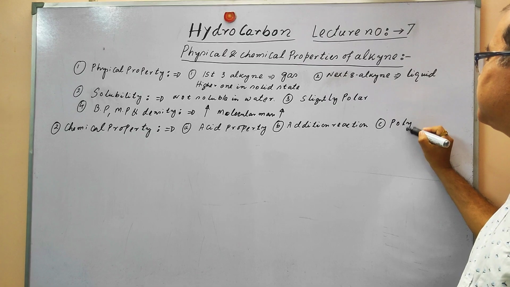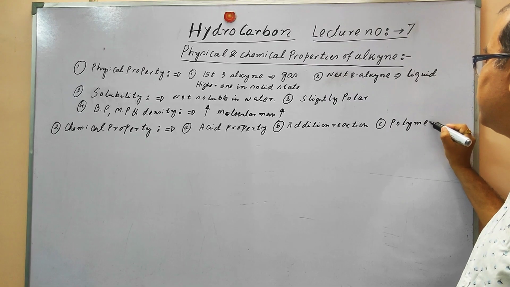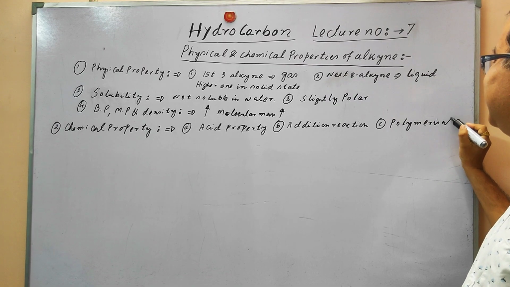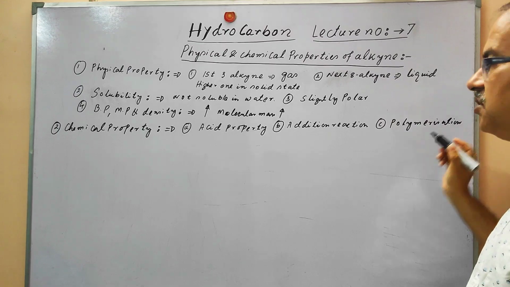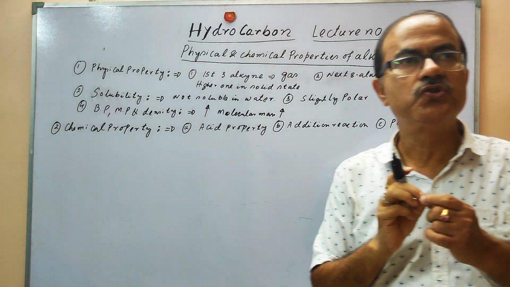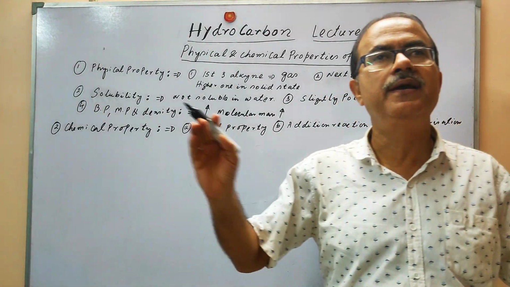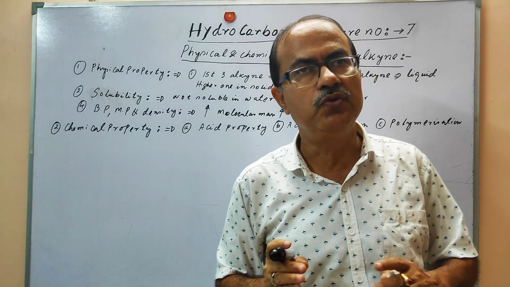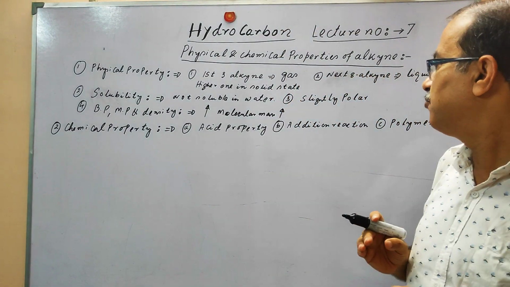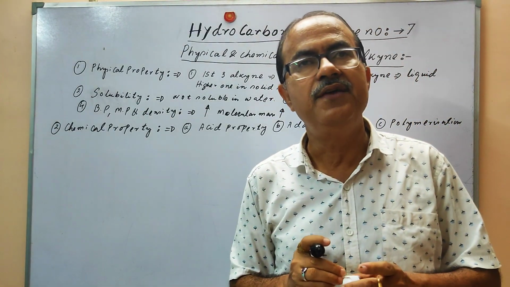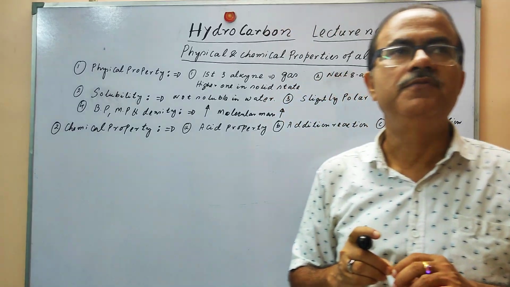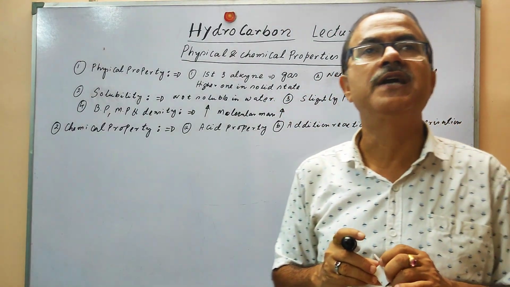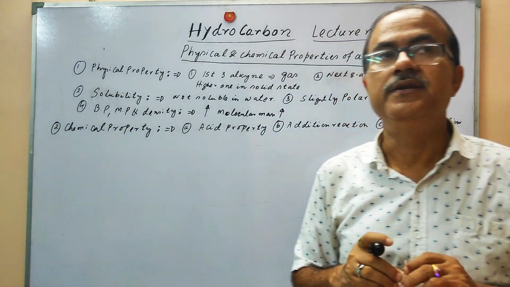undergo polymerization. Polymerization that we have observed in case of alkene also, that is the small molecules will combine themselves and we can find a bigger molecule. The process is called polymerization. In this process we have observed that different types of products are produced which are used on a day-to-day basis.